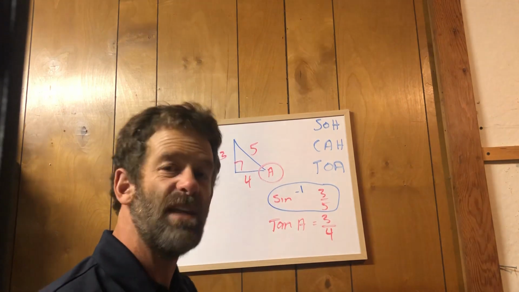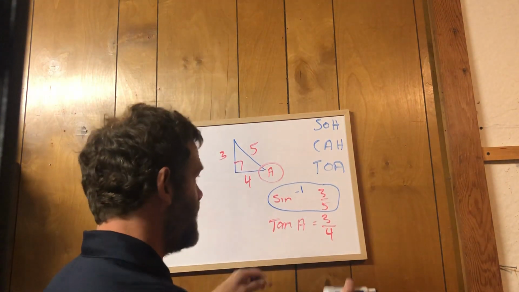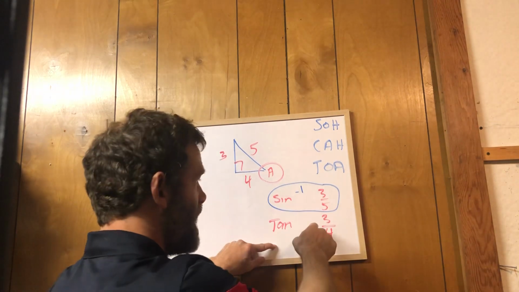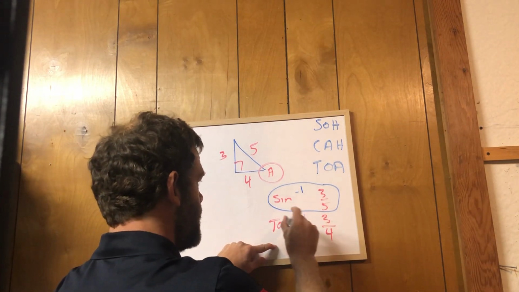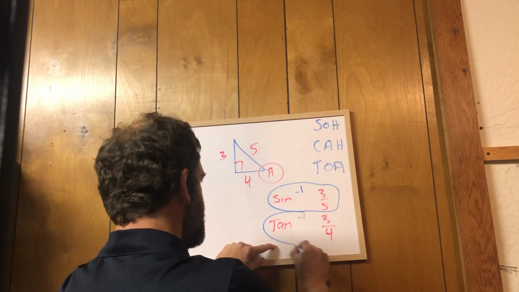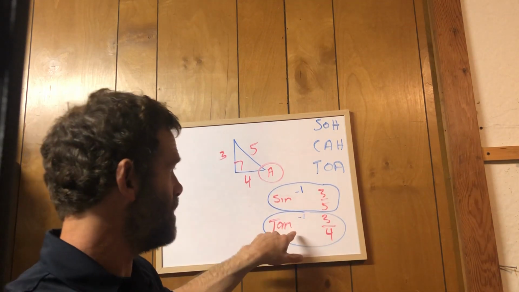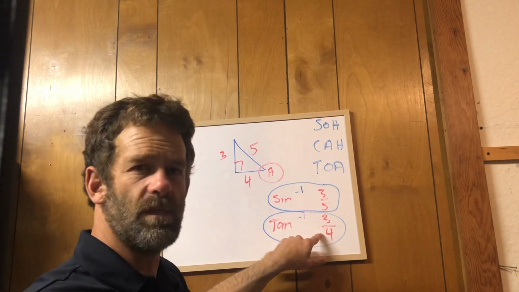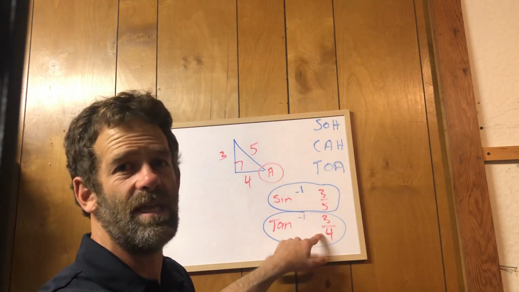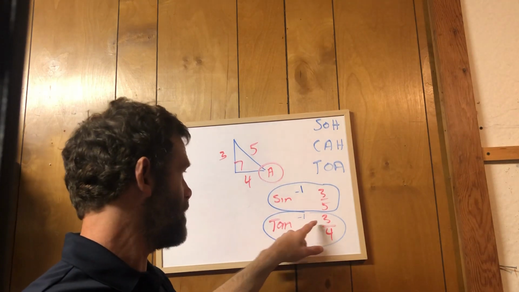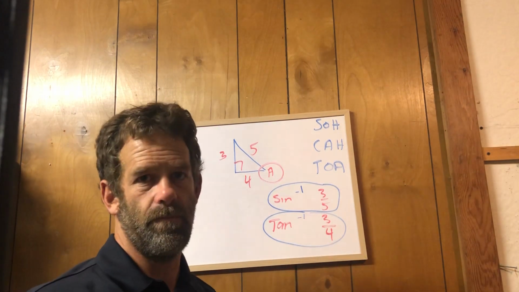Or, for example, tangent. You can use any trig function as long as you set up the proportion or the fraction correctly. So if I wanted to find this angle using tangent, I would do inverse tangent 3/4 and press equals. If you have a graphing calculator, you can literally just plug it in: tangent inverse 3 divided by 4, press equals.